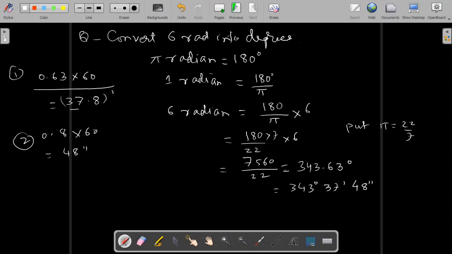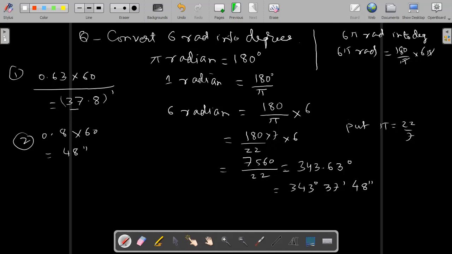And for example, suppose the question is to convert 6 pi radian into degrees. Then it is very easy because here you write 6 pi radian will be equal to 180 by pi into 6 pi.